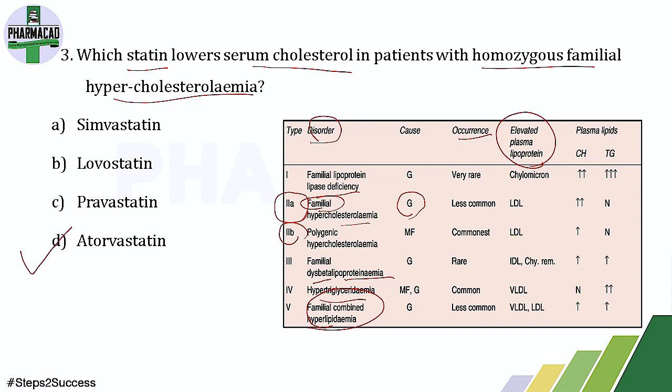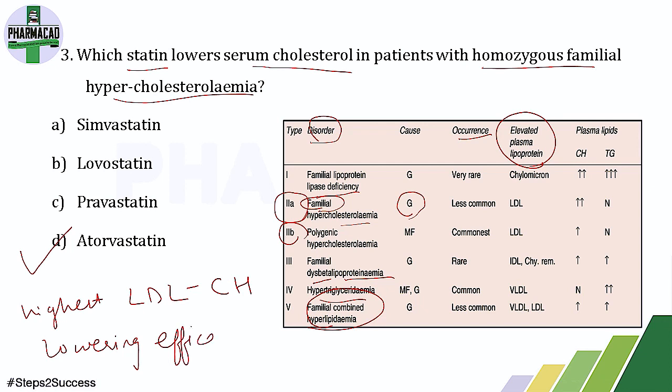Okay, so atorvastatin has the highest LDL cholesterol lowering efficacy. This is the reason it is able to lower the serum cholesterol in patients with homozygous hypercholesterolemia. So the correct option here is atorvastatin.